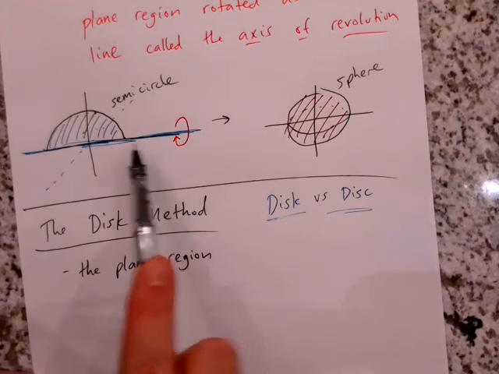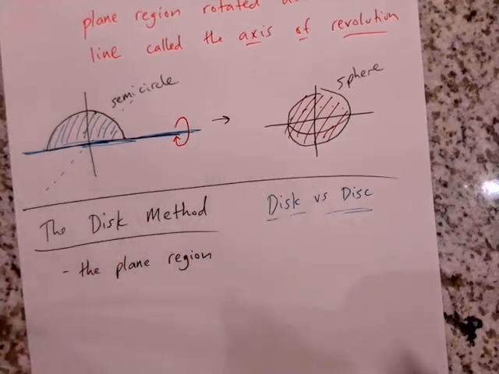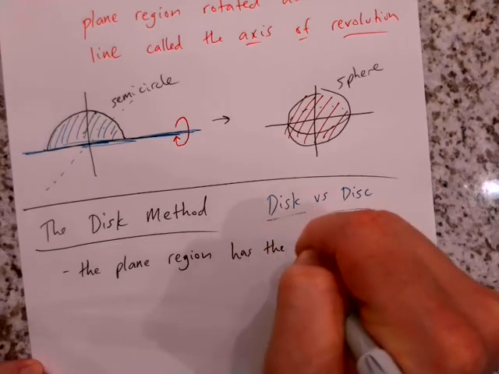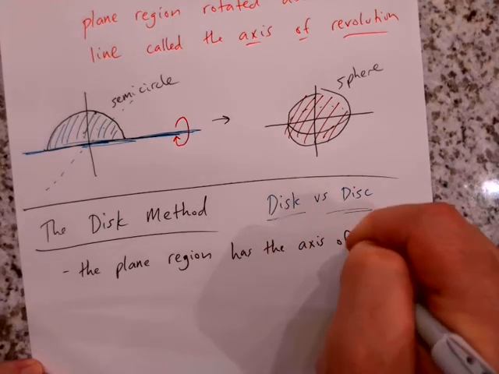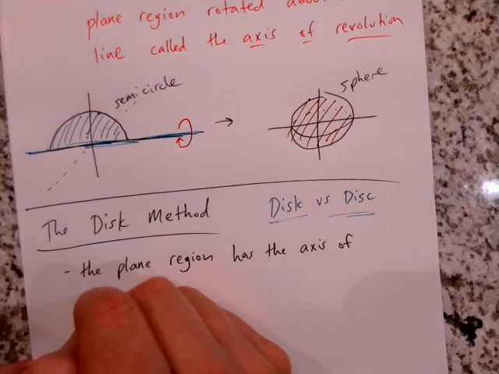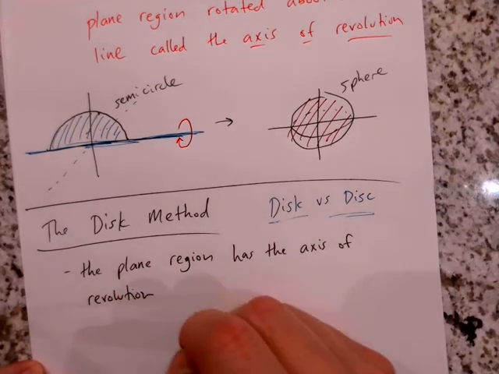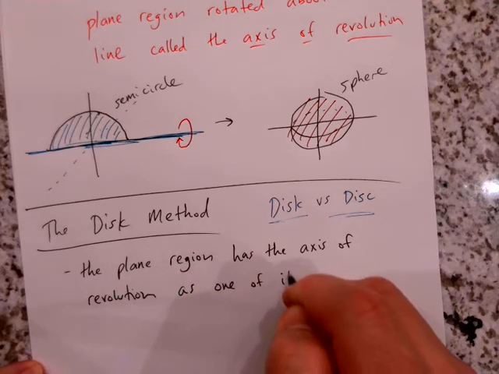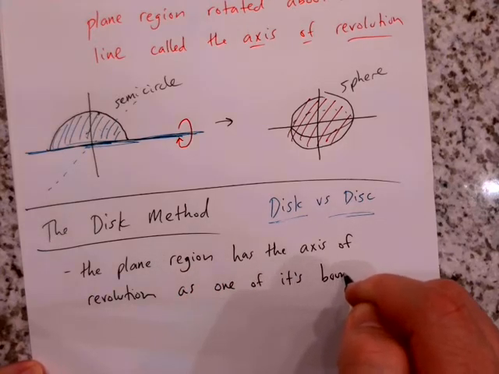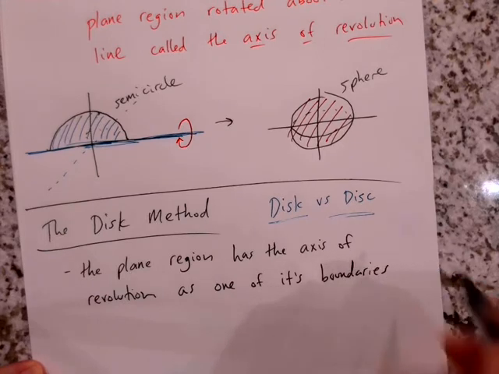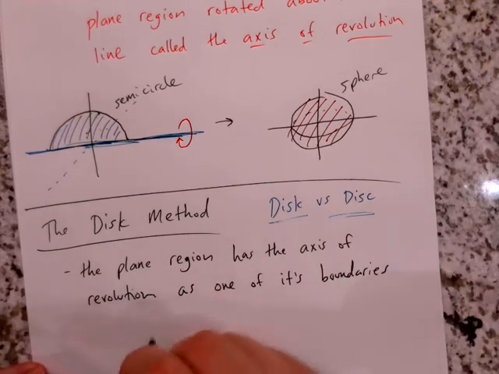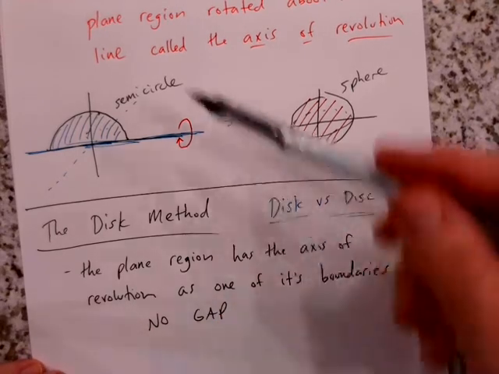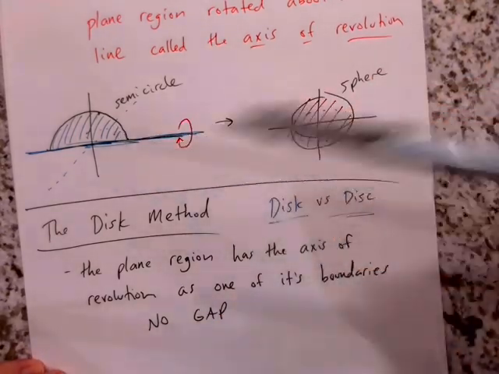So the axis of revolution is one of the boundaries of your two-dimensional region. So there is no gap between the plane region and the axis of revolution.